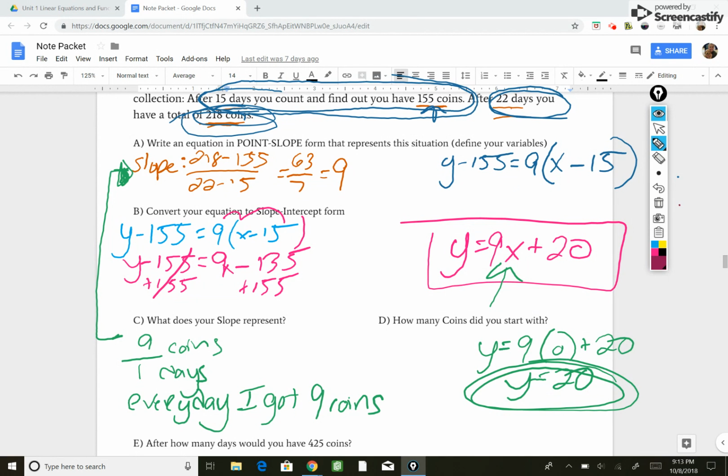Here's my equation. 425 is my y, and I have to solve for x, because y is my coins, x is my days. So I'm just going to plug it in for y and solve for x. Go ahead and solve for x. And you should get 45 days.